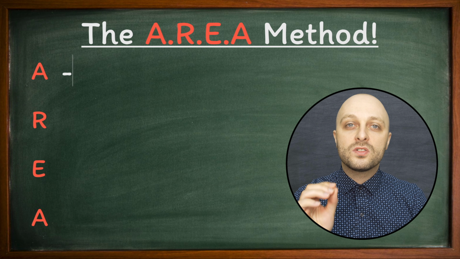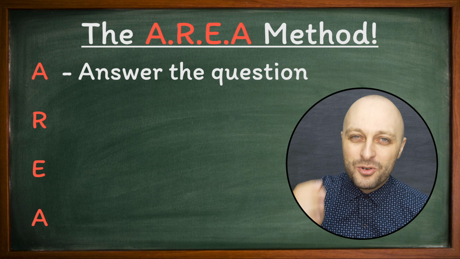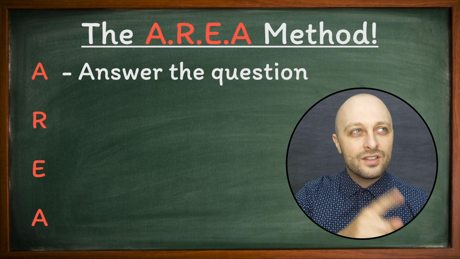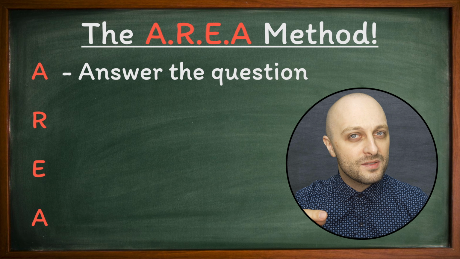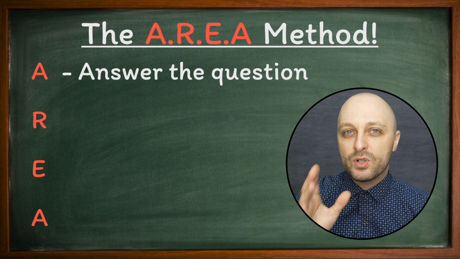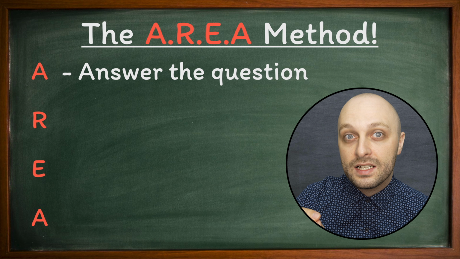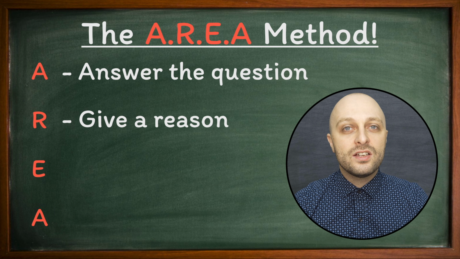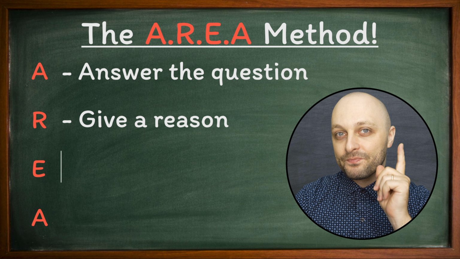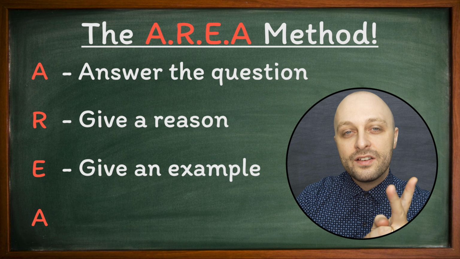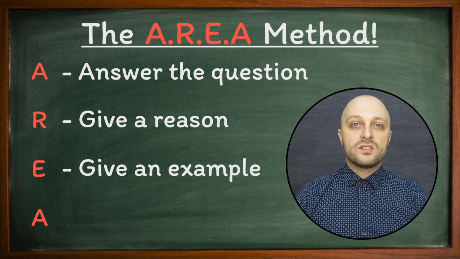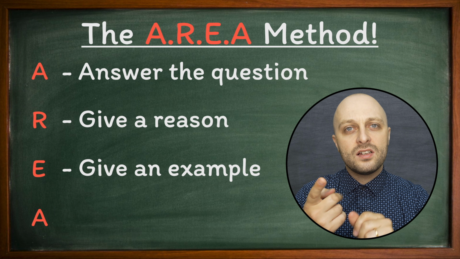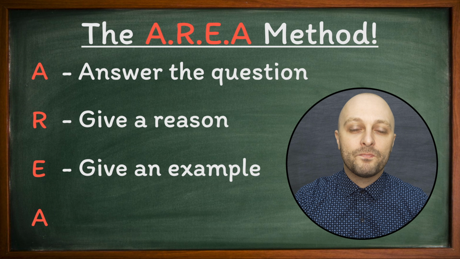First, you want to answer the question. Now, that sounds obvious, and it kind of is, but we want to do it clearly, okay? Follow that with a reason, and don't stop there, give an example. So we have answer, reason, example.